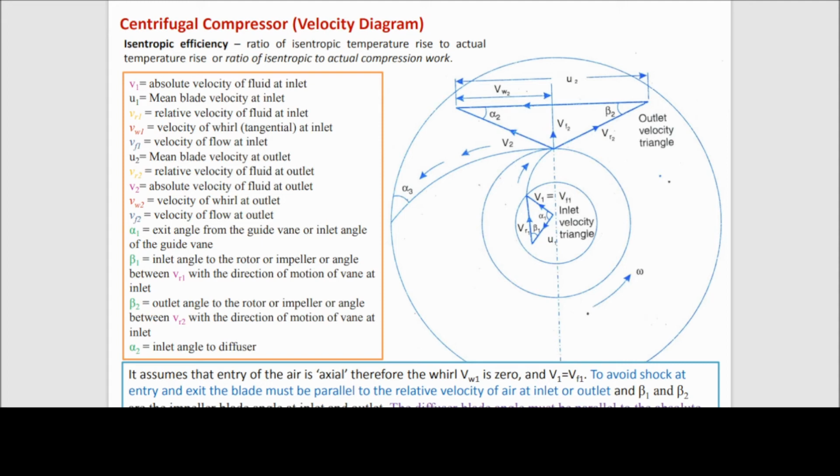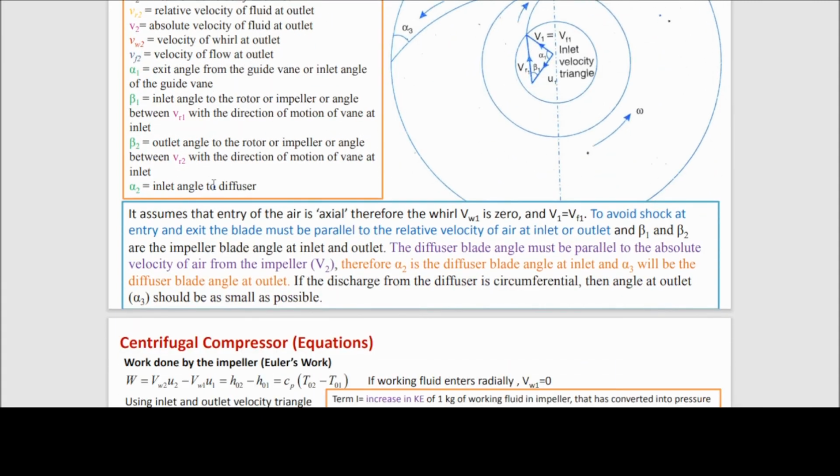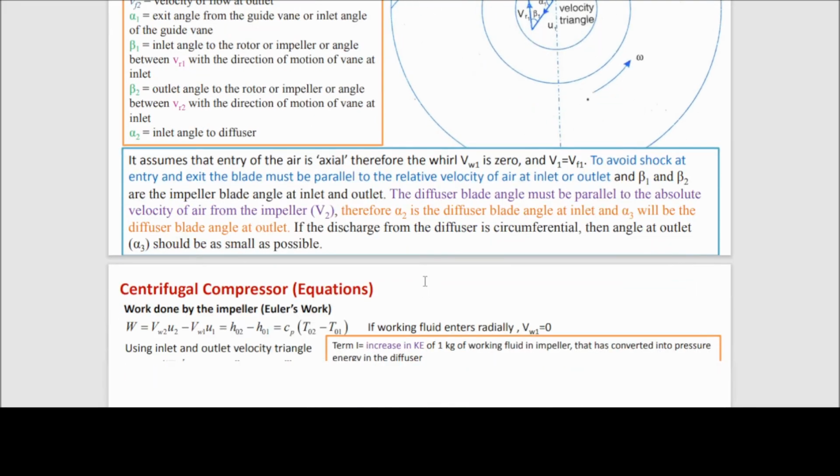Understood? Now you would have understood the velocity triangle. These are all the same things we learned in hydraulic turbines, so I am not repeating it. It assumes that the entry of the air is axial, the same thing I have told you, and it is explained here. You can just read it out.